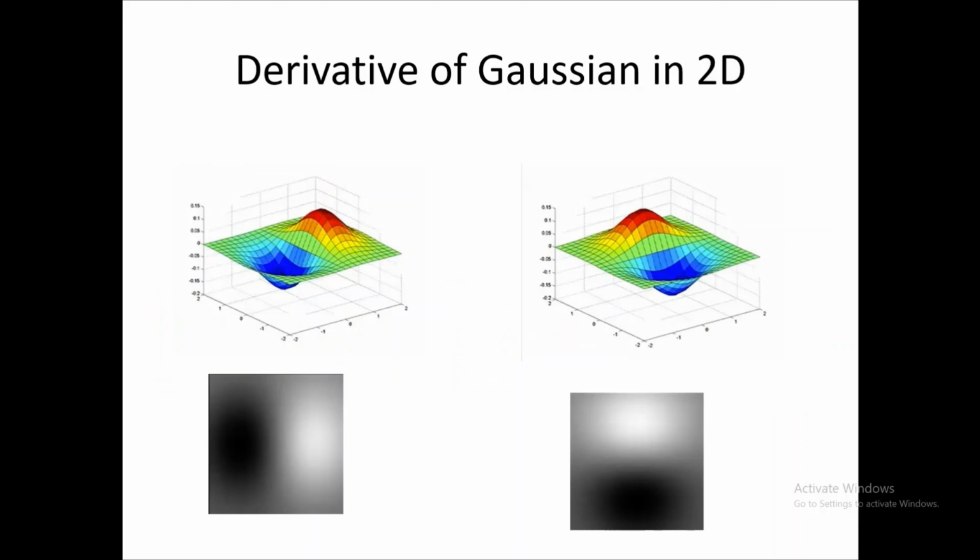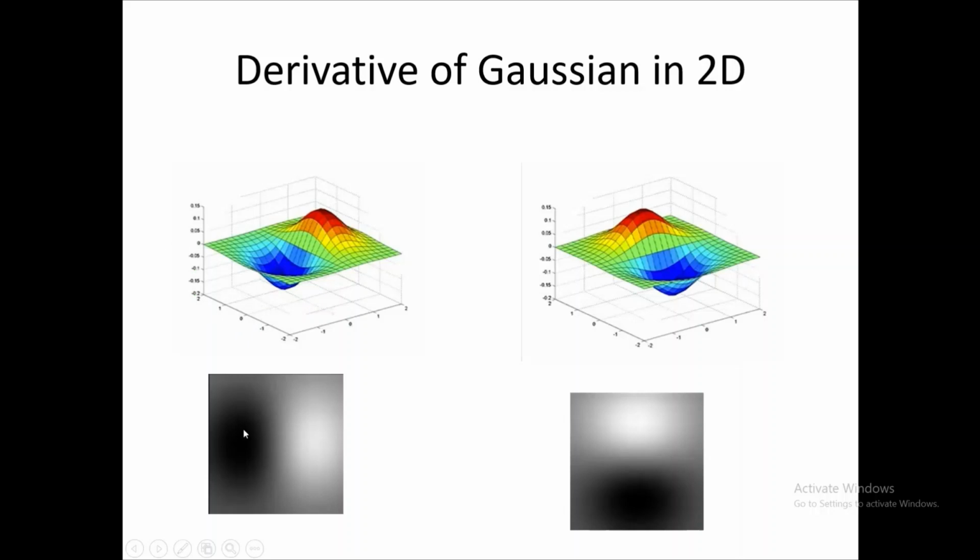Here we can see the derivative of Gaussian in the x direction, and the picture below is the picture of this plot.